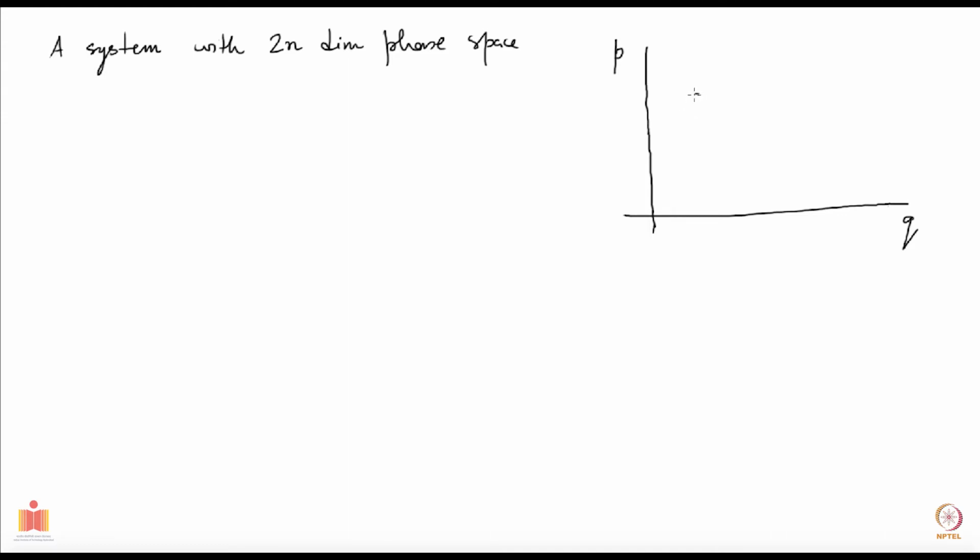So imagine a region here, and this is going to occupy some volume. Just to give it a little bit of 3-dimensional look, let me draw this curly line. So you imagine it encloses some volume.